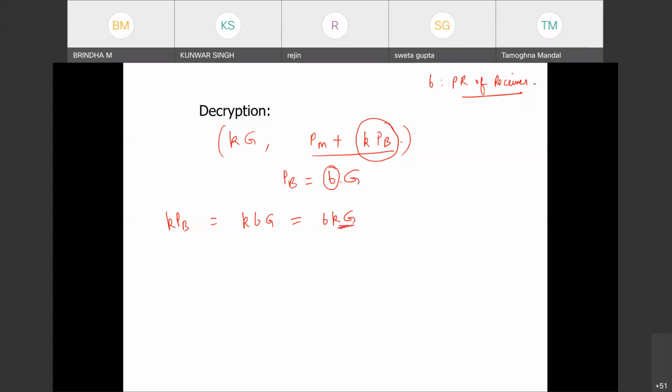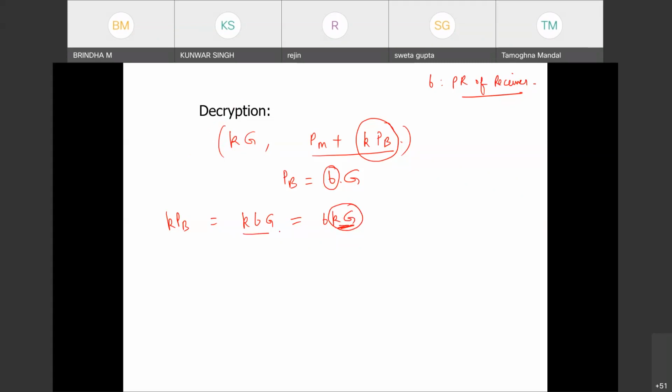I know Z, and KZ is the first part. The receiver knows the private key, but the receiver doesn't know K. K was randomly chosen by the encryptor, and then he encrypted it. The receiver doesn't know K.